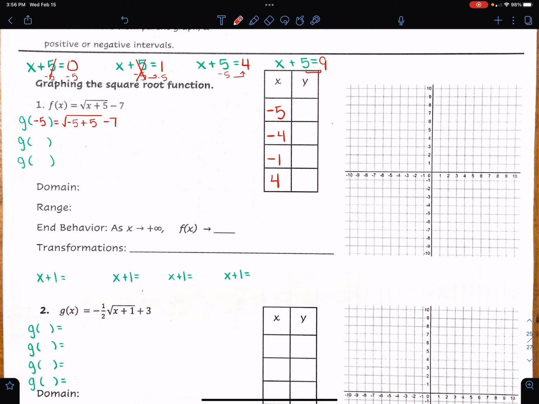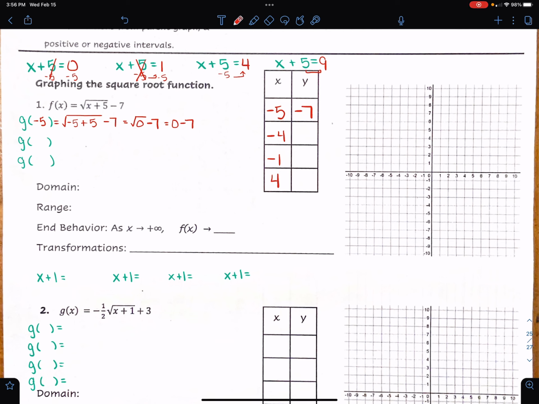Okay, and now I've got the square root of 0, because -5 plus 5 is 0, and then -7. That gives me 0, because the square root of 0 is 0, minus 7, which gives me -7. That's the y value on that one.